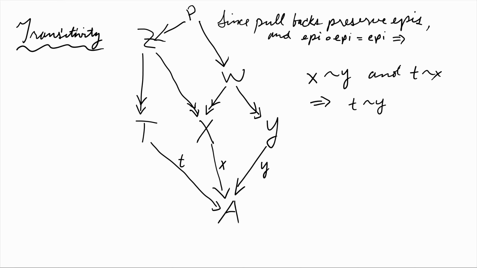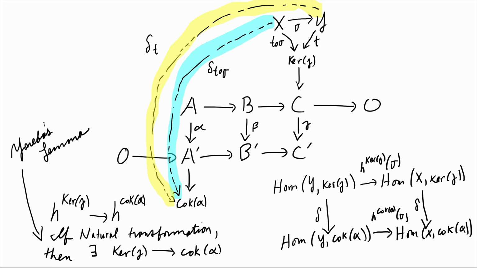All right, so taking a look at what we're going to do. Suppose we're going to establish a natural transformation between the Hom functor of morphisms into the kernel of gamma, so generalized elements here, but I'm not thinking about the equivalence classes right now, just morphisms into the kernel of gamma, into the Hom functor that talks about morphisms into the co-kernel of alpha.